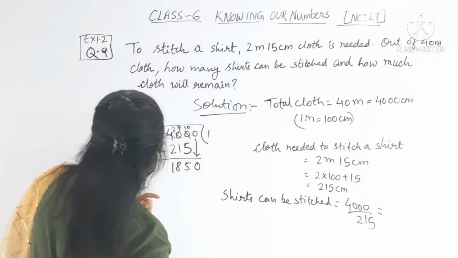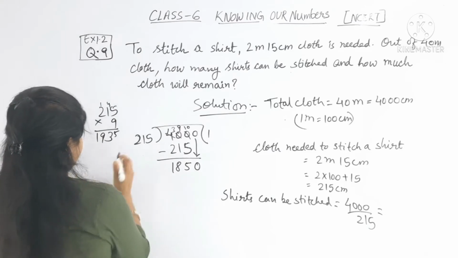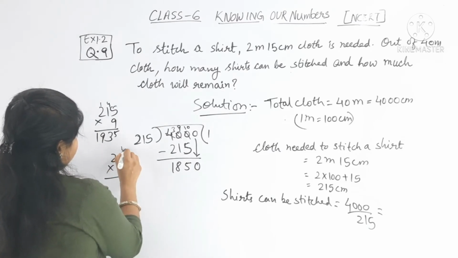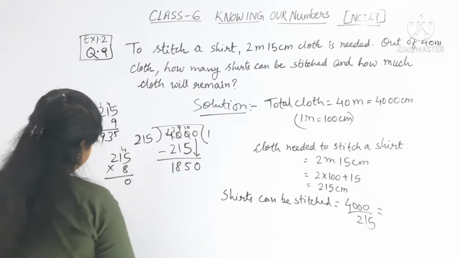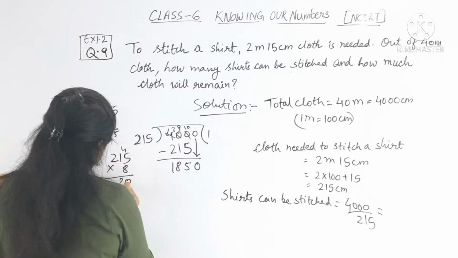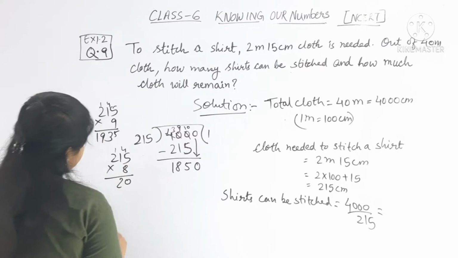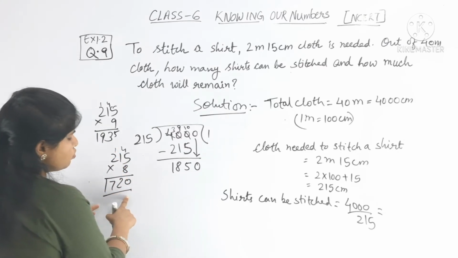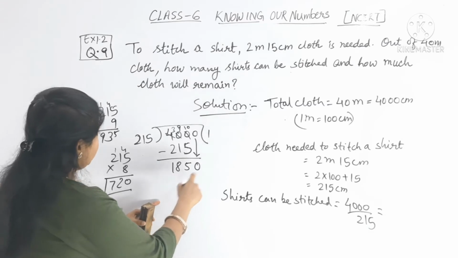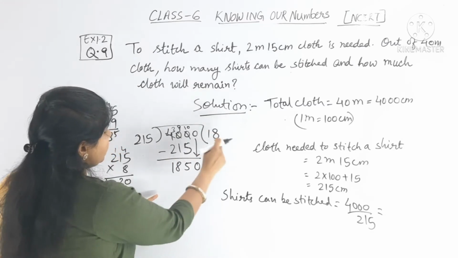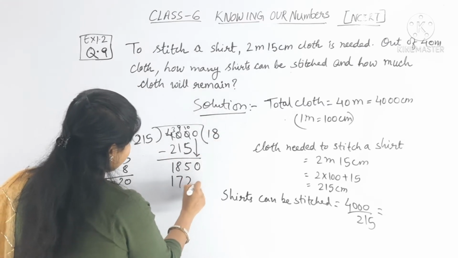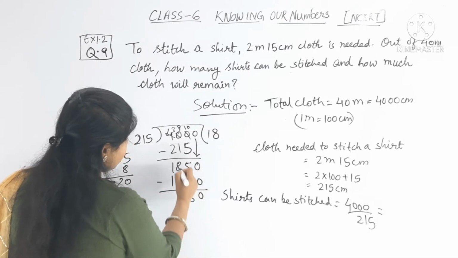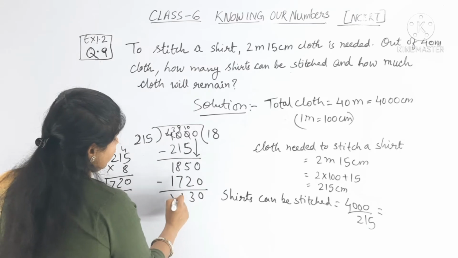So here 215 into 8: 8 5s are 40, 8 1s are 8, 8 plus 4 is 12, 8 2s are 16 plus 1 is 17. So I am getting 1720, that is less than this number. So I am writing 215 8s are 1720. That is, I am getting 0, 5 minus 2 is 3, 8 minus 7 is 1.